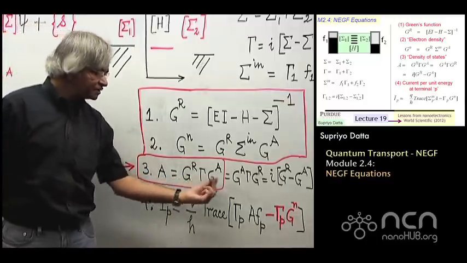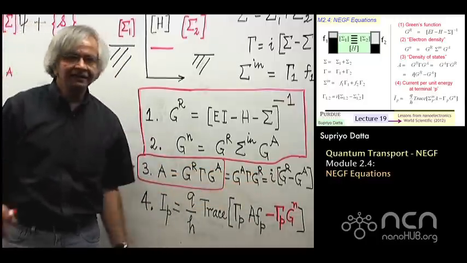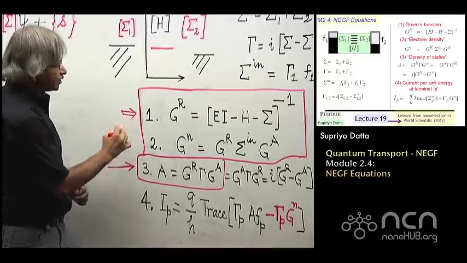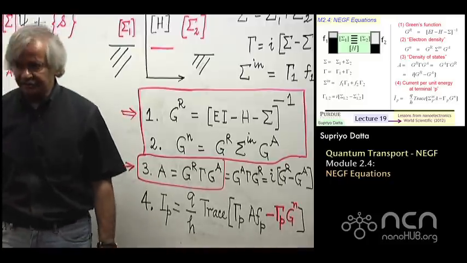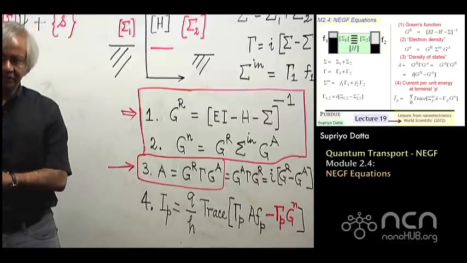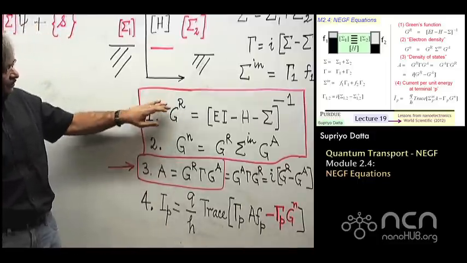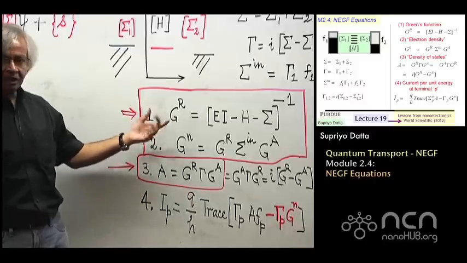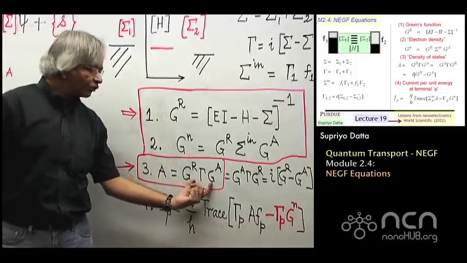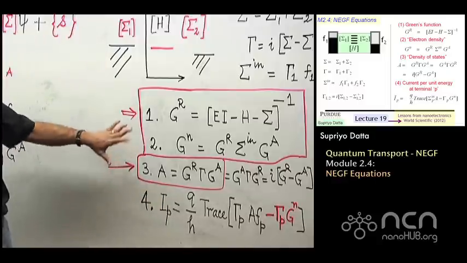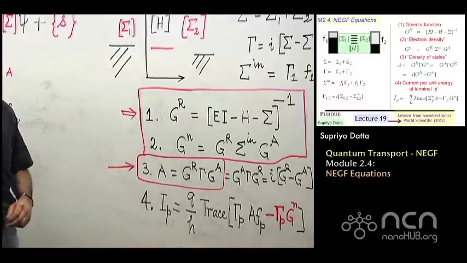But to show that this is equal to this, is equal to that, that's pure algebra starting from here. And so I won't go over it in this lecture. That's in one of the tutorial lectures. That's one of the homework problems where I say that, given this equation for Gr, show that that quantity is equal to this and is equal to that. Okay? So let me now move on to the current equation.